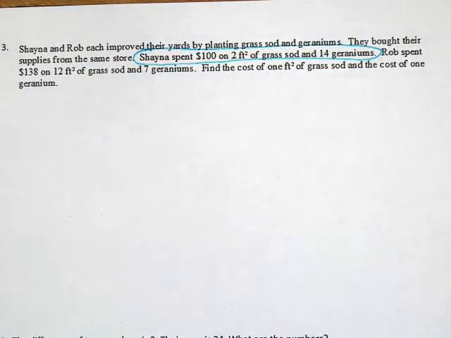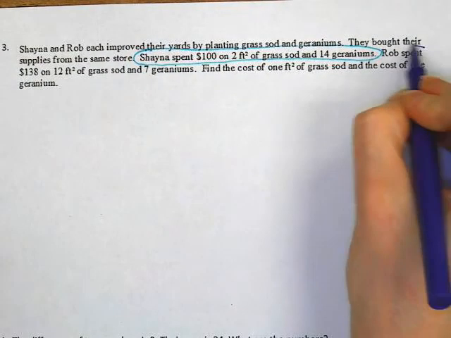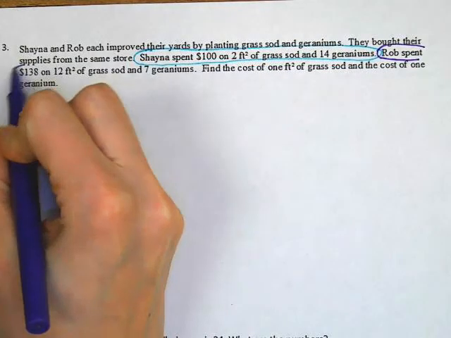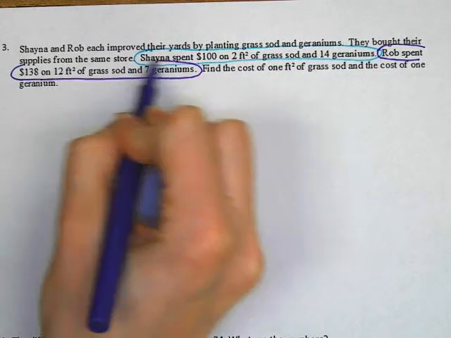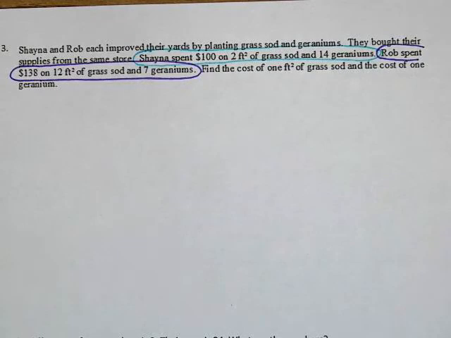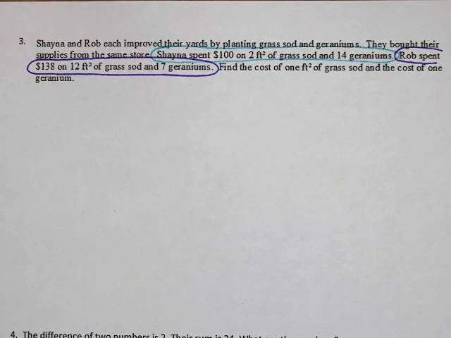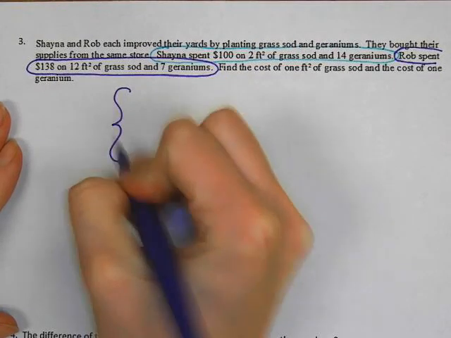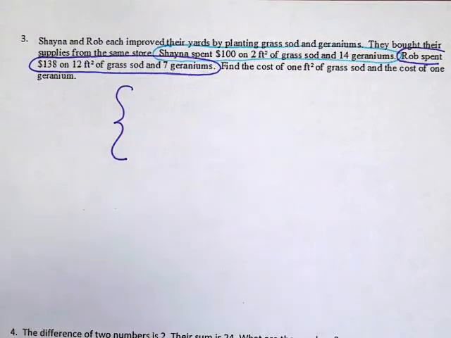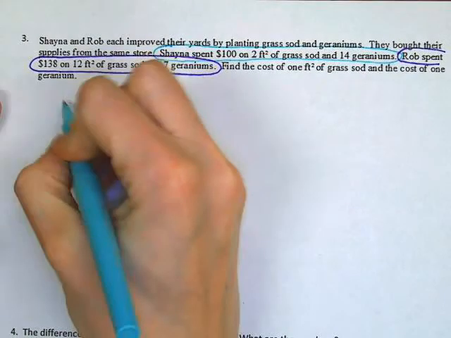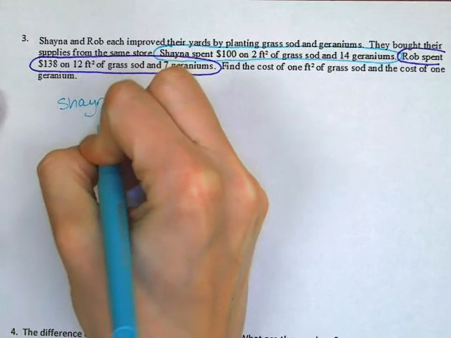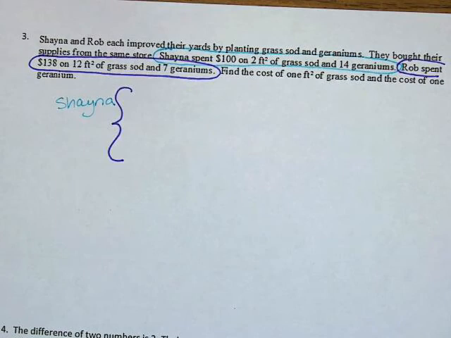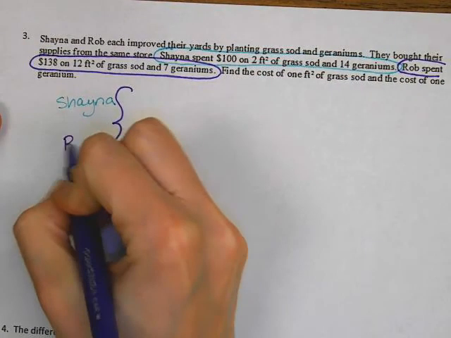And then we have a similar story about Rob and what he bought. So this to me seems like one of those similar situation problems. Okay, so the first equation will be about Shayna, so we'll model hers. And then the second equation will be about Rob.